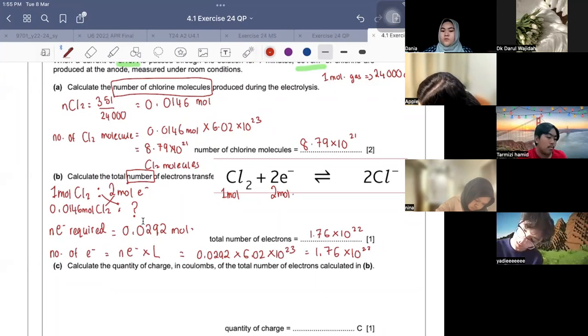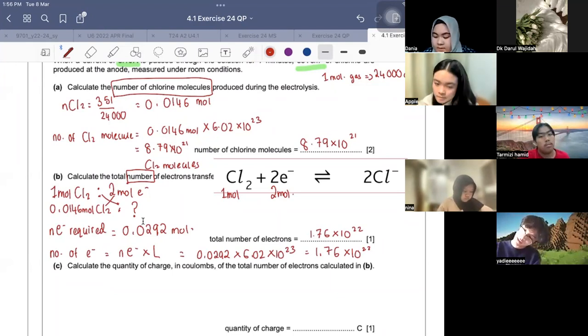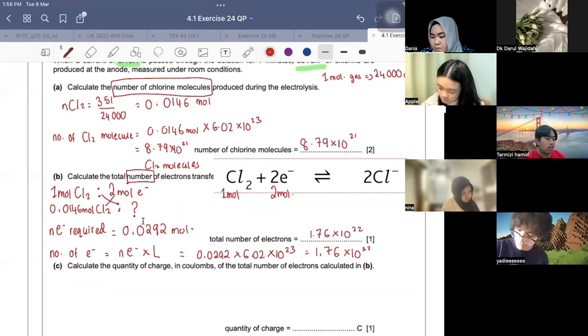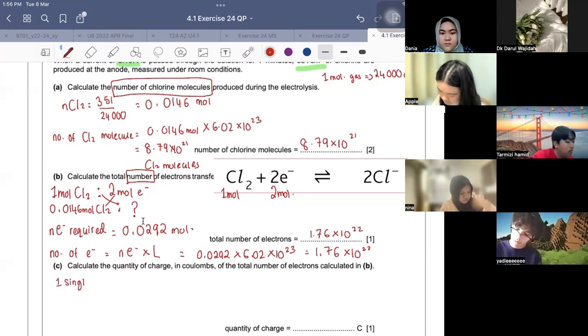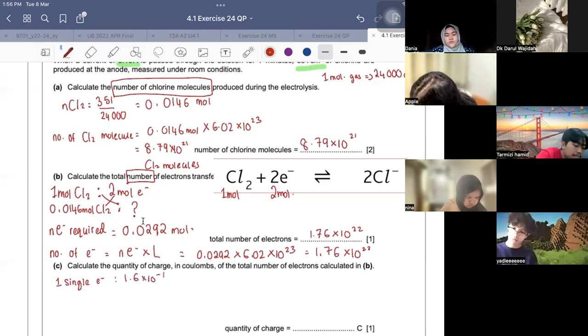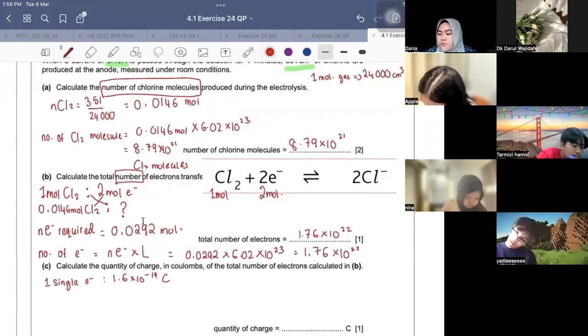Of course, electrons as electric or current carriers, we want to know how much charge this is equivalent to. Okay, so we know that for one single electron, the charge is 1.6 times 10 to the power of minus 19 coulombs.